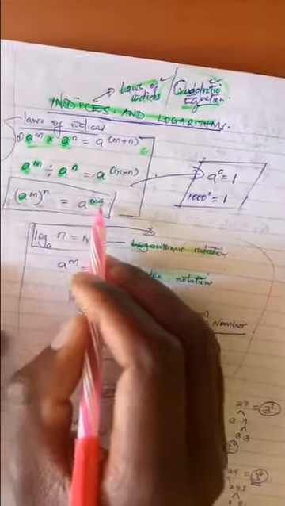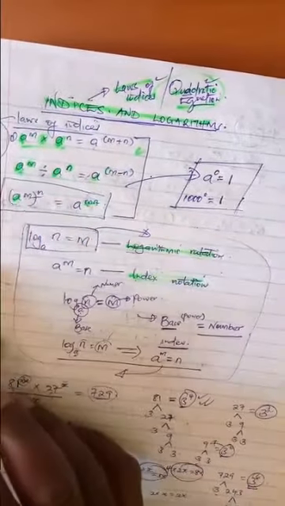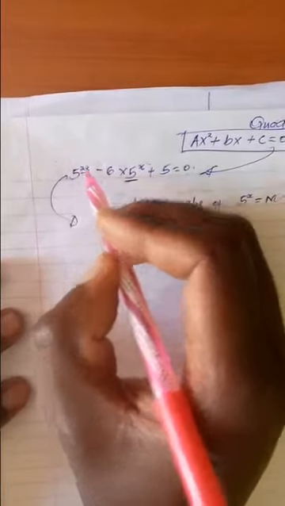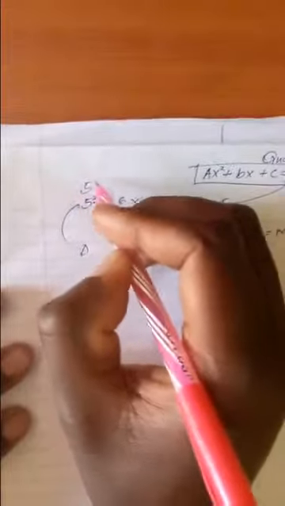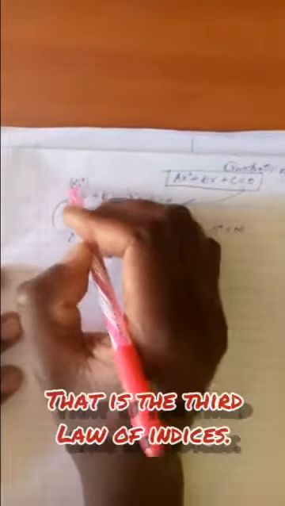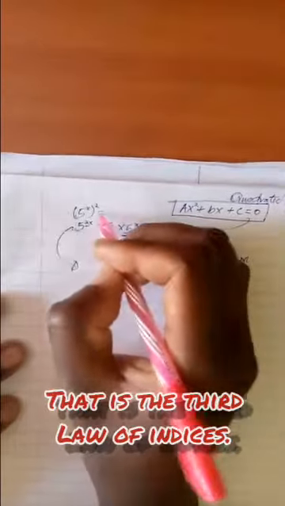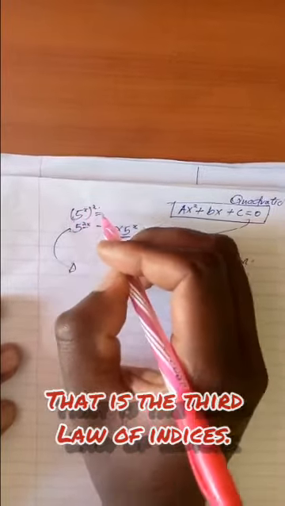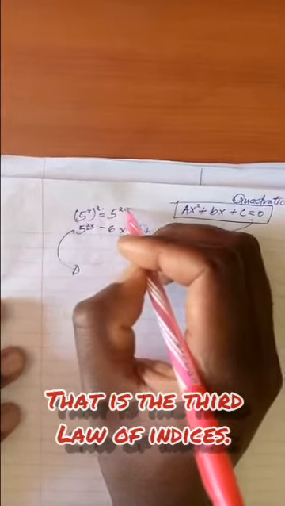Then another thing you need to remember is rule number 3, that when you have a to power m to power n, it means you multiply the powers. So when you want to substitute m in this equation, 5 to power x to power 2 is the same as 5 to power 2x.